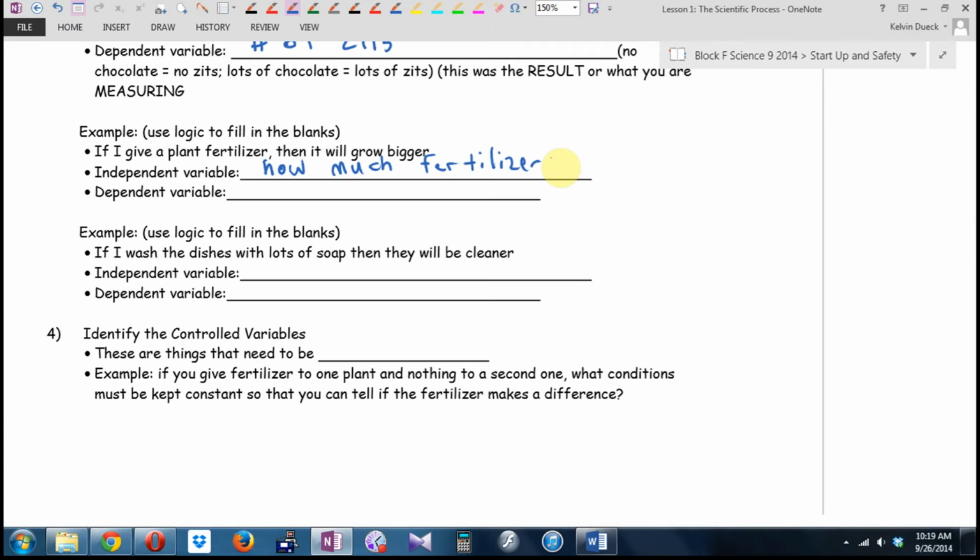Keep going. What's the dependent variable? You're on a roll. You can do it. Yep. How much growth. And that, too, I probably could measure. How would I measure how much a plant has grown? A basic way might be to use a meter stick or a tape measure and just measure how tall it is.